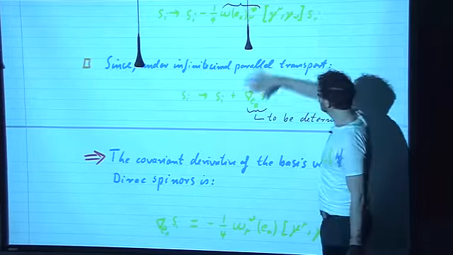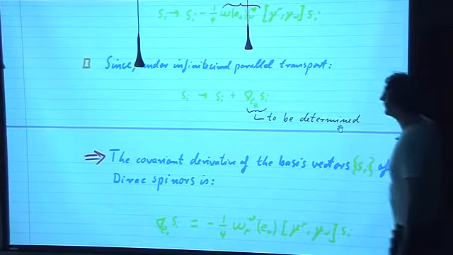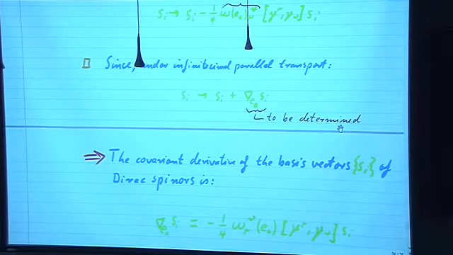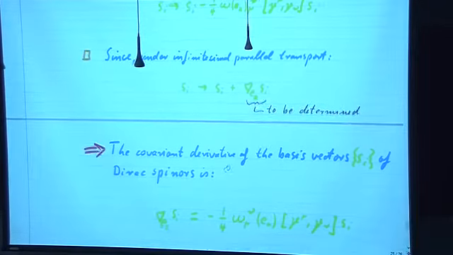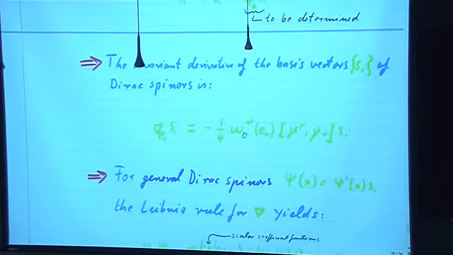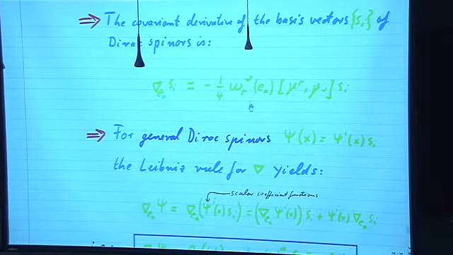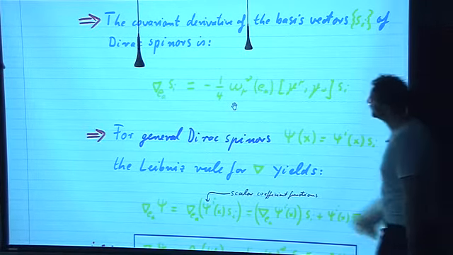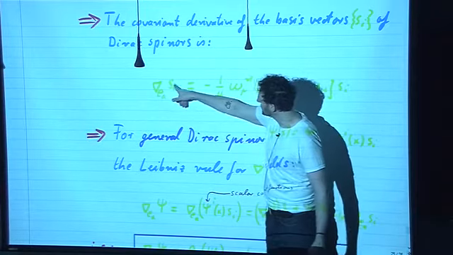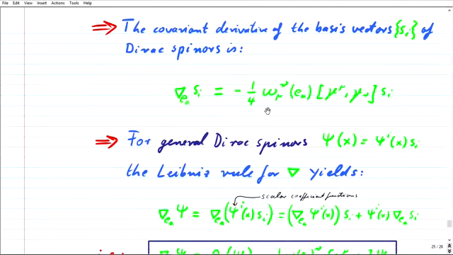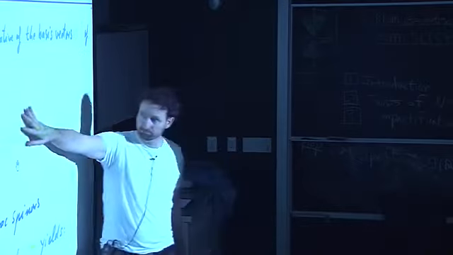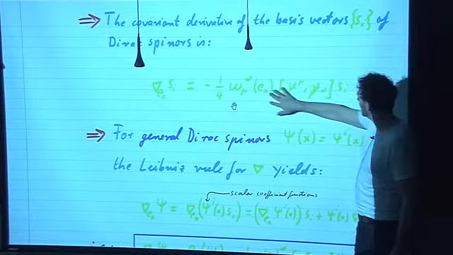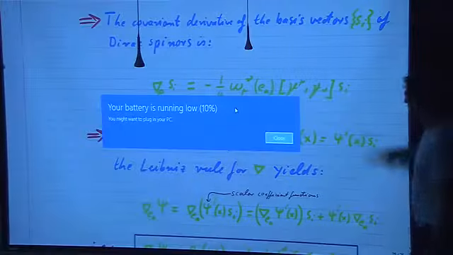Now, from this, we should be able to read off what the affine connection is when applied to a spinor field. Namely, simply by comparing the two equations, we read off that the covariant derivative of a spinor field in the direction of EA is given by the infinitesimal Lorentz transformation acting on that matrix here.